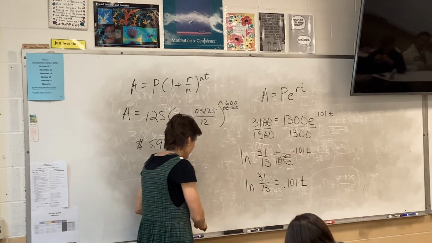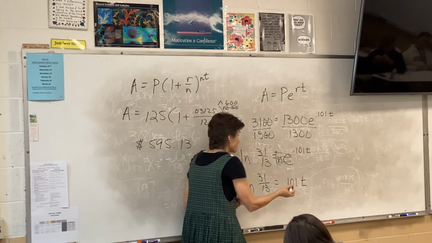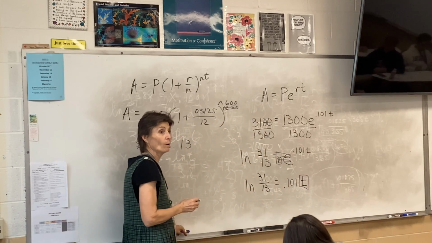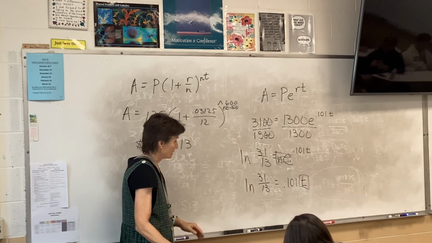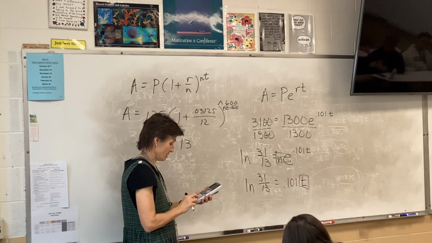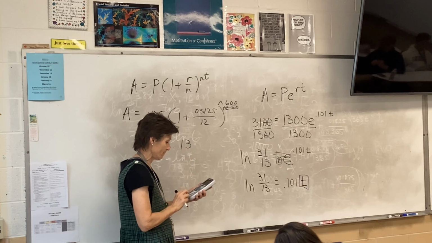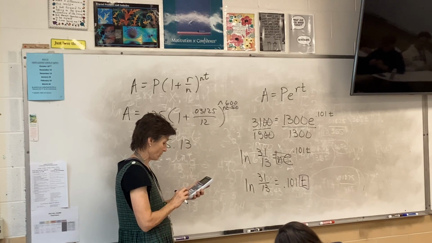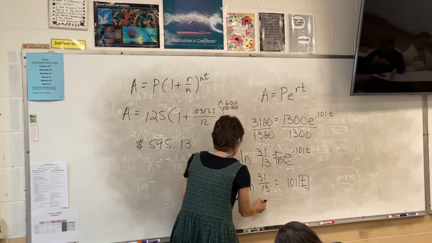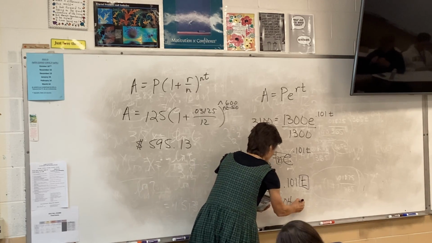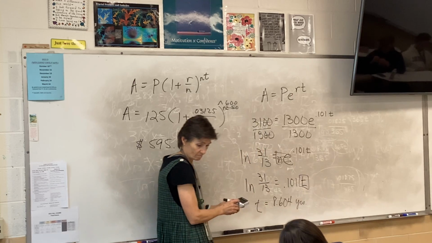Divide by 0.101. Yeah, guys, this is just like before. It just isn't as ugly. So ln 31 divided by 13, or leave the zeros in if you want, divided by 0.101. I got t to equal 8.604 years.